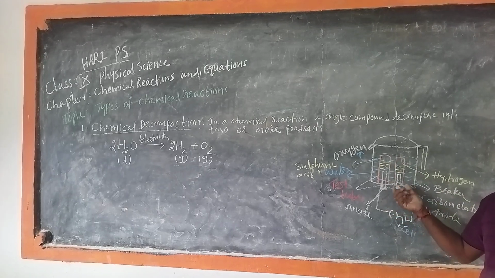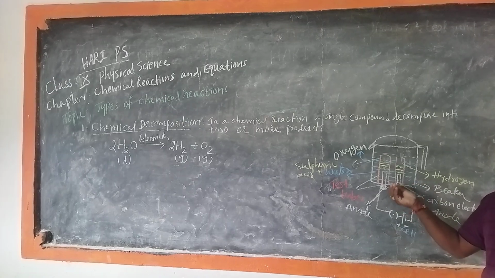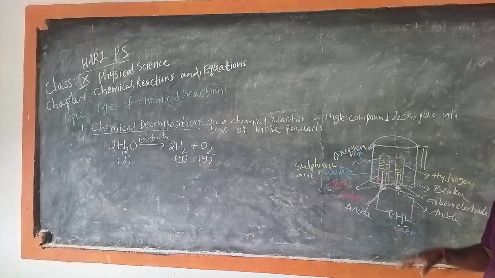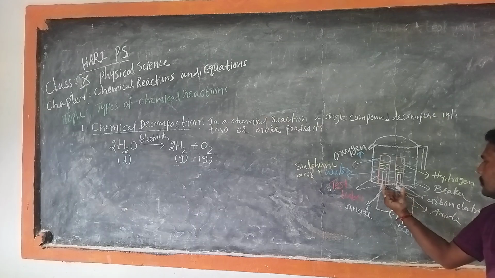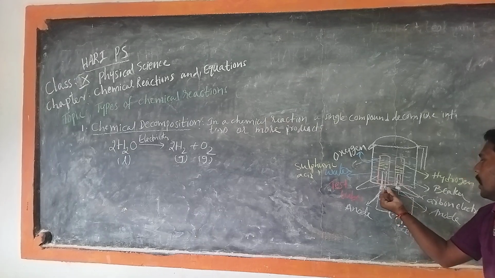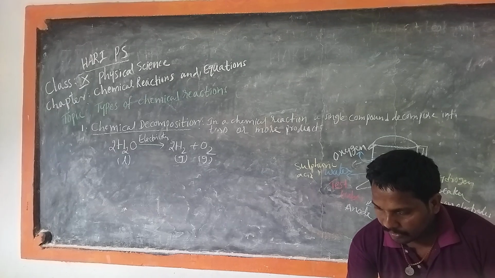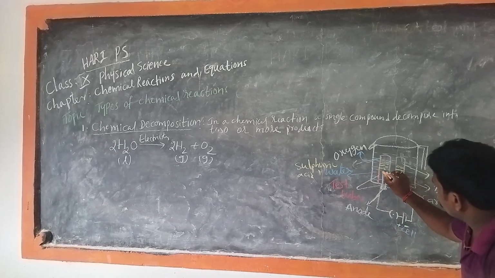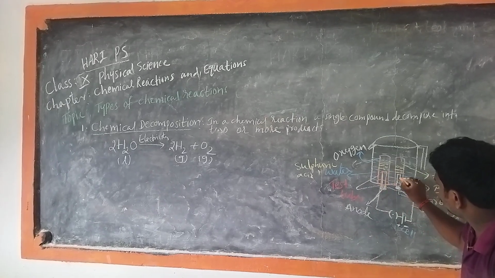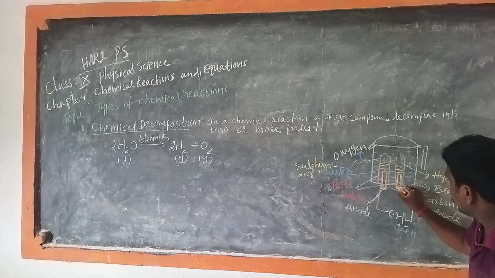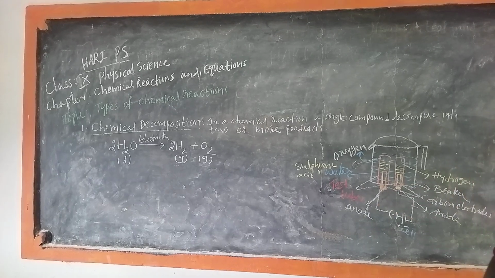Two similar test tubes filled with water are carefully inverted over the two carbon electrodes. A mug is taken, small holes are made here, and two electrodes are arranged here. This is one electrode and this is the other electrode, nothing but graphite electrodes.